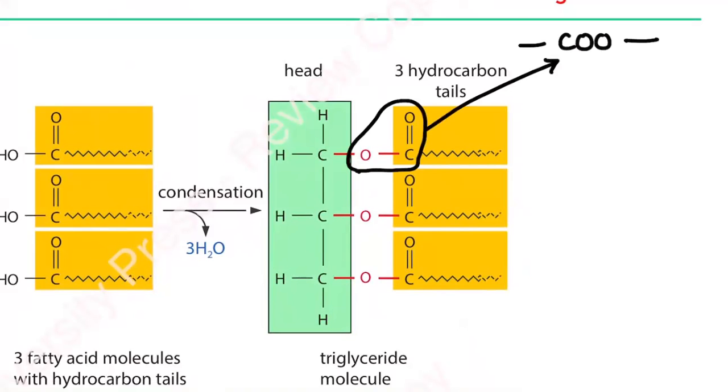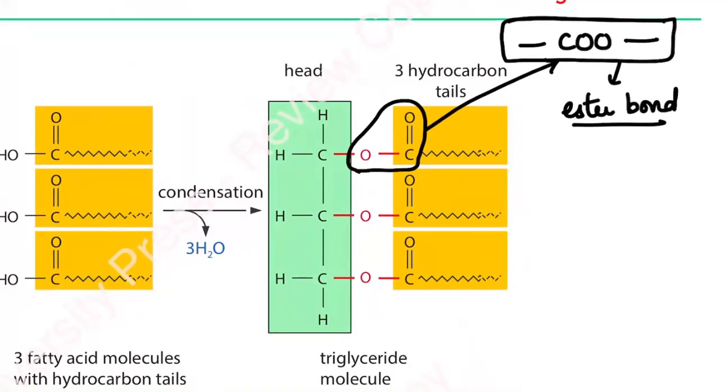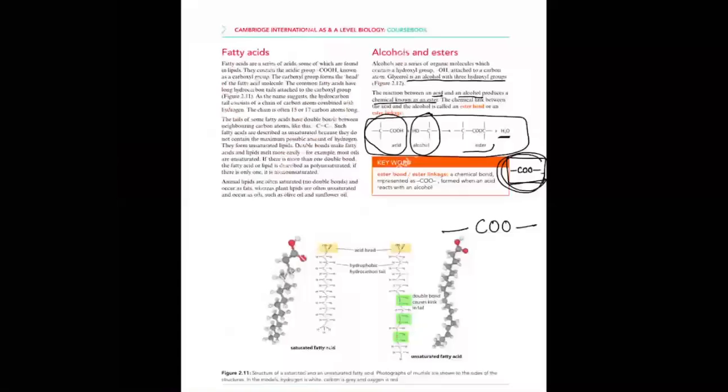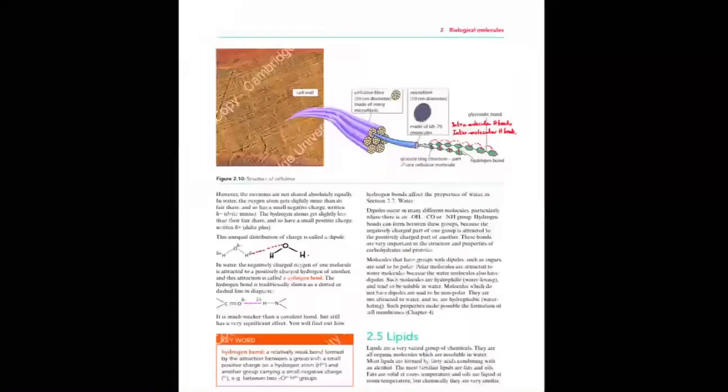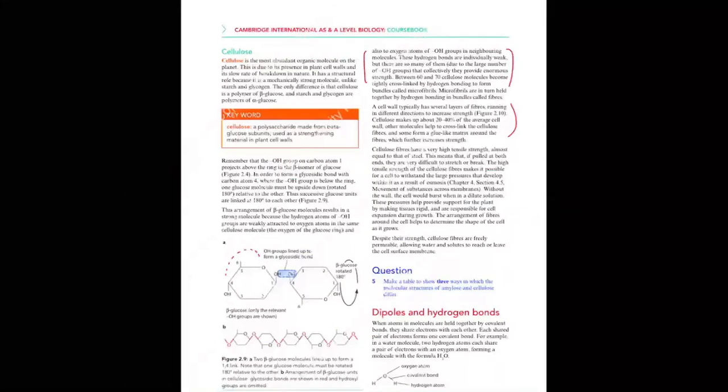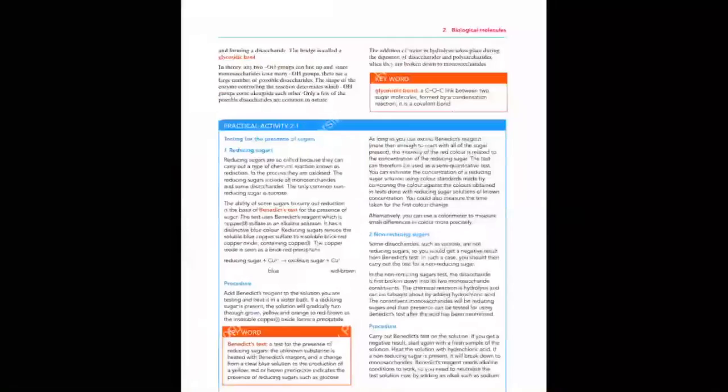So अगर आपसे एग्जाम में पूछा जा रहा है कि what bond is this? For example, if you've been given options, तो ये कौन सा bond है? So you would say that this is the ester bond. ठीक है? And for example, if it is asked in exams that how does a glycosidic bond look like? तो आपको ऐसे दिखाना होगा. I think there is a definition and also a symbol used for glycosidic bond.